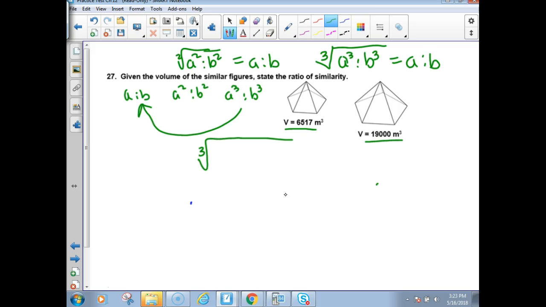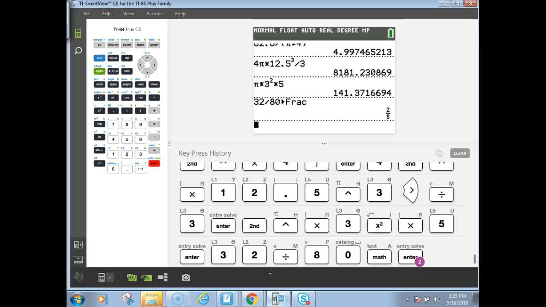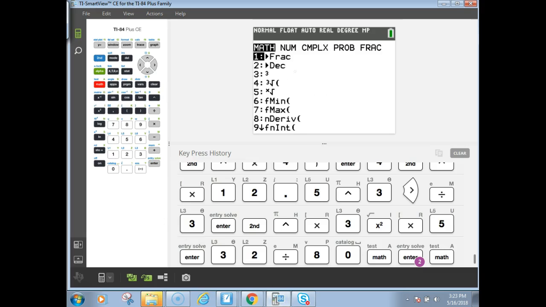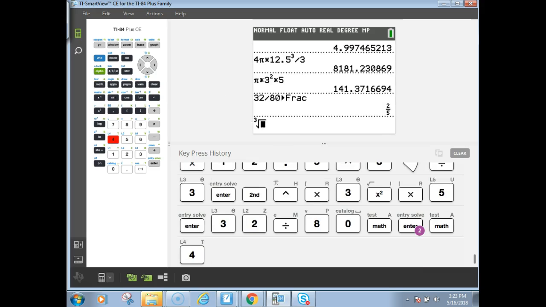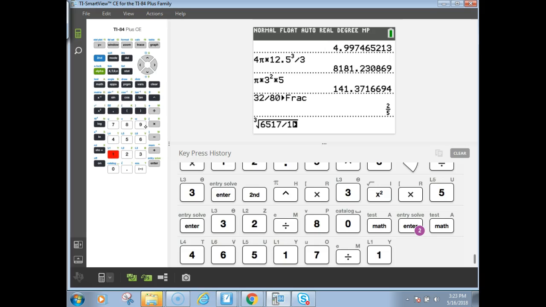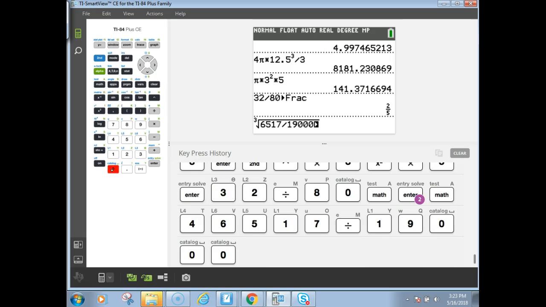It's unsquaring. All right, so we're going to do 6517 divided by 19,000. And I'm going to type just like that on my calc. I'm going to go to Math, choice 4. That's cube root. Now you see the little 3 there? Now I'm going to put in those numbers, 6517 divided by 19,000. Let the calculator do the work here.